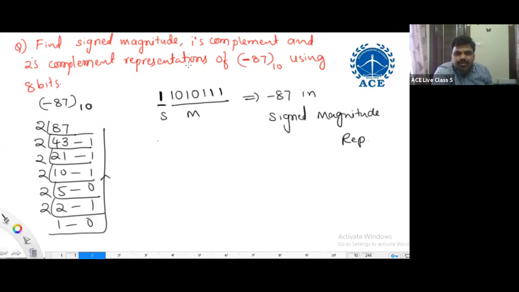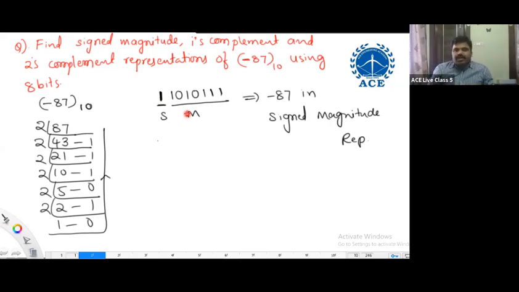MSB is 1, and the magnitude is 1010111. So it is the sign plus magnitude representation. How many bits have we used? 8 bits. The MSB is 1, the sign is minus, and 7 bits are required for the magnitude, so it uses 8 bits as expected.